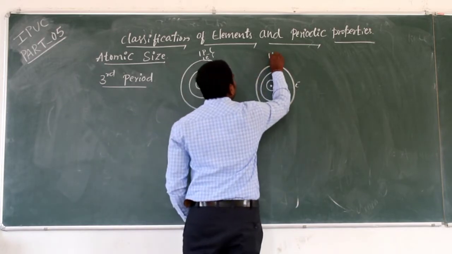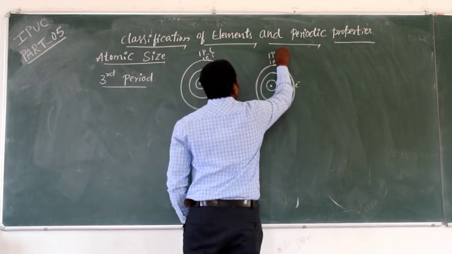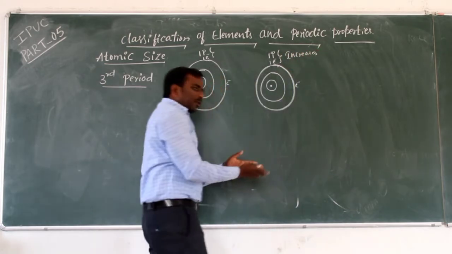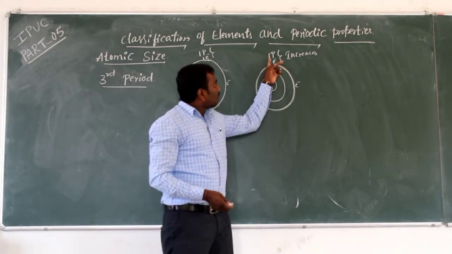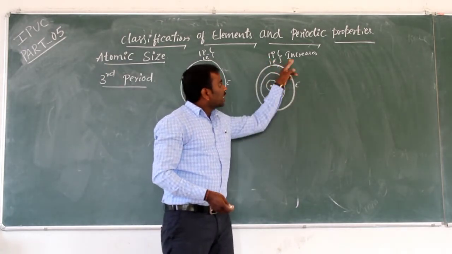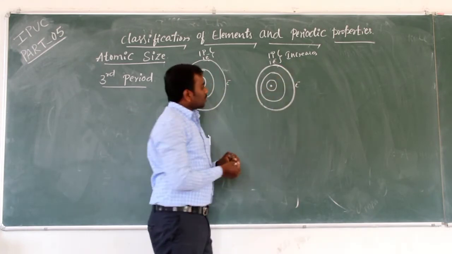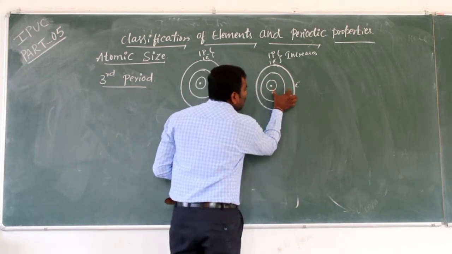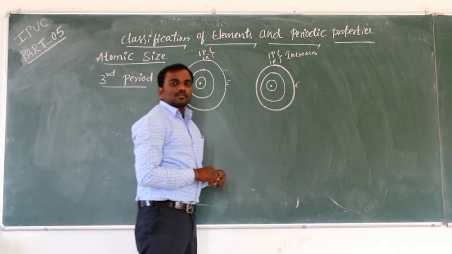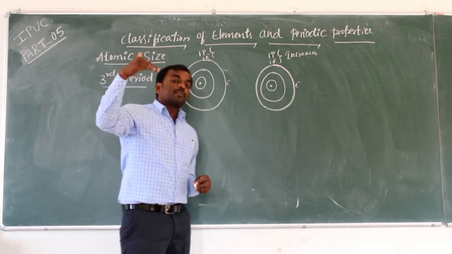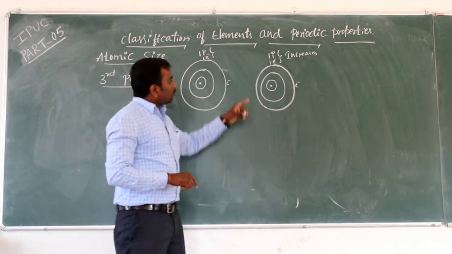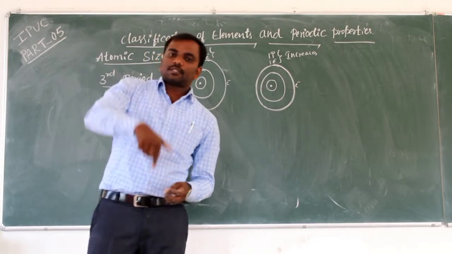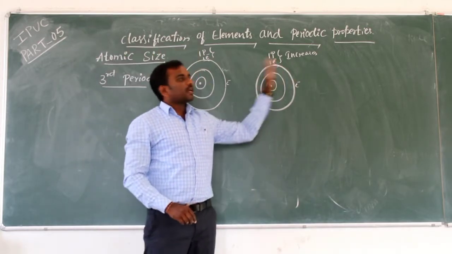Here also one more proton and one more electron are increased. One more proton and one more electron increase along the period. So what happens? The effective nuclear charge increases. Already in the previous class, I told you effective nuclear charge means the number of protons present in it. That is the effective nuclear charge.